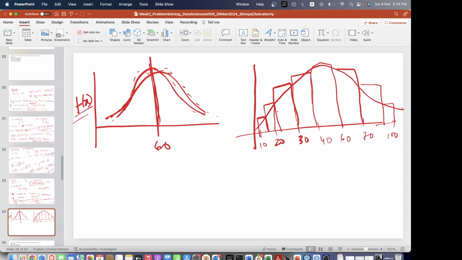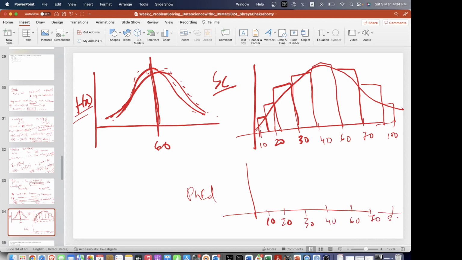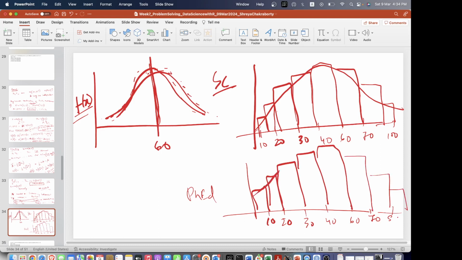Now this is your marks in science, and the histogram that you have for physical education, 0 to 10, 10 to 20, 20 to 30, 30 to 40, 40 to 60, 70, 80, 100, is also very similar, with similar kind of shape, similar kind of probabilities on the y-axis.